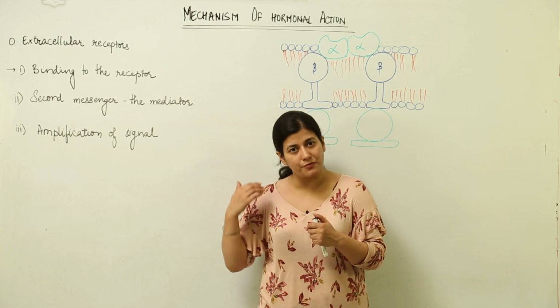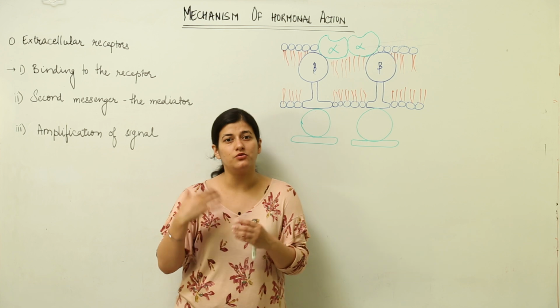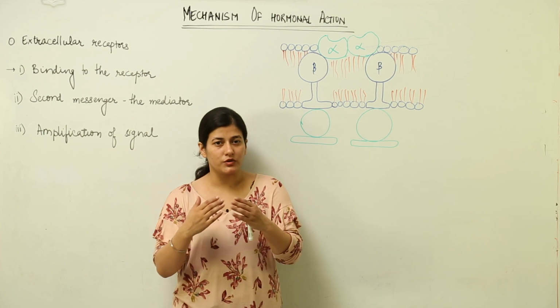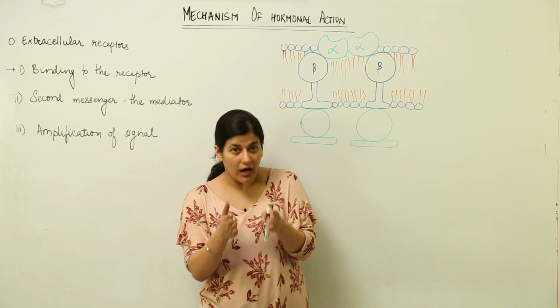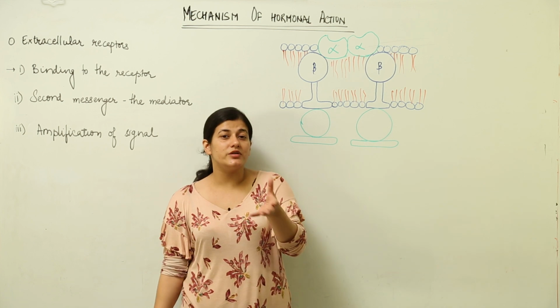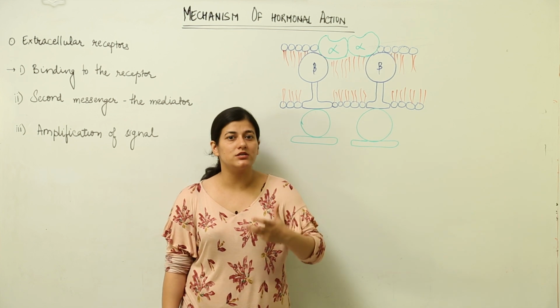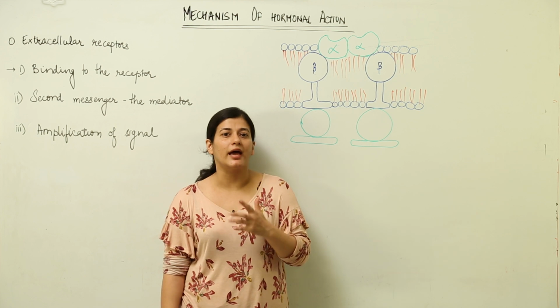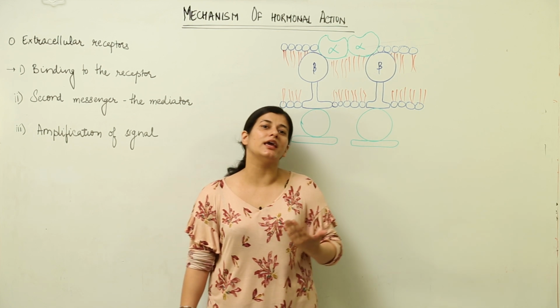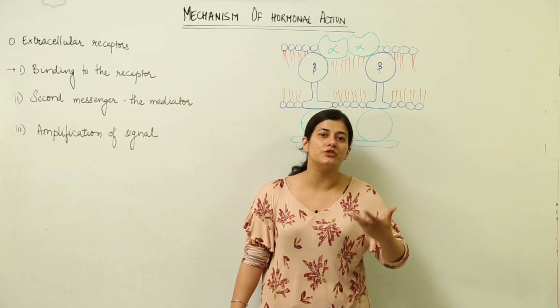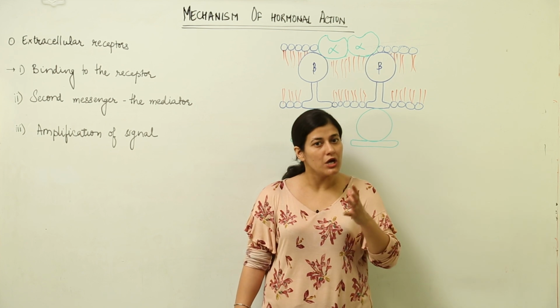There would be a cascade of proteins which we do not study, because we do not study amplification in detail. What we have to confine ourselves to is how this second messenger is formed, what the role of the plasma membrane is in the mechanism of hormone action, and in case there is no plasma membrane restriction, as in the case of steroid hormones, what happens?